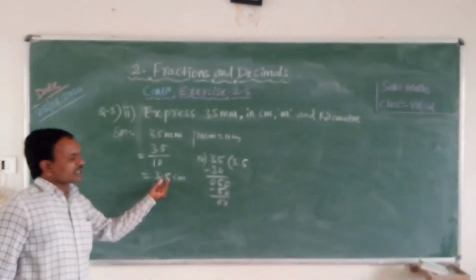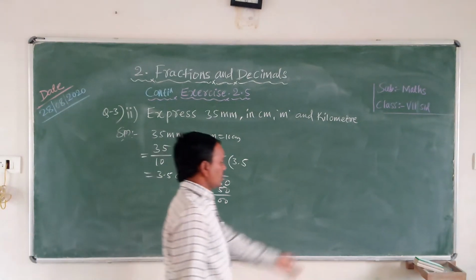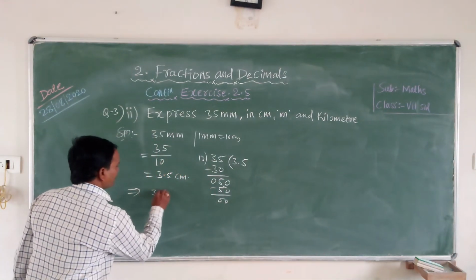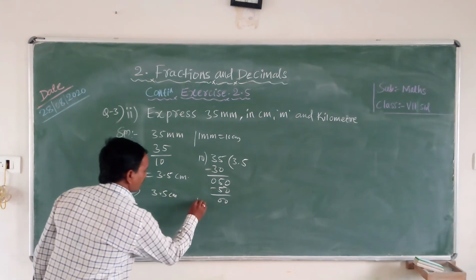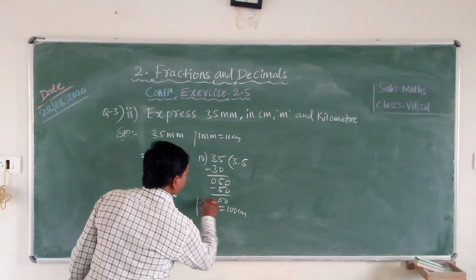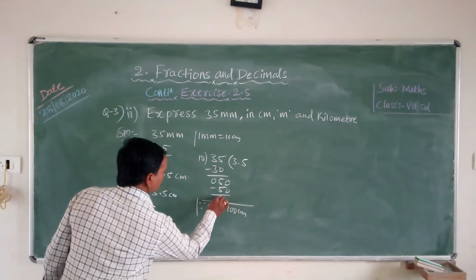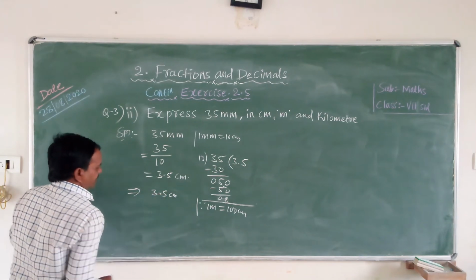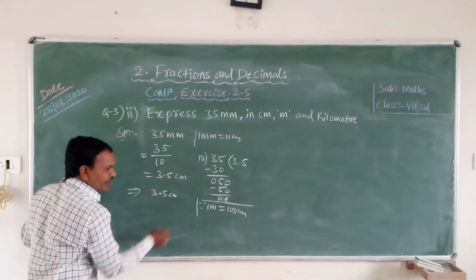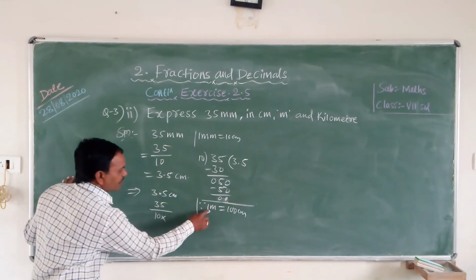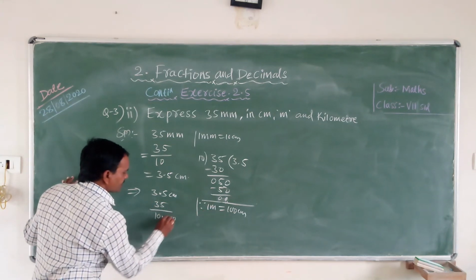Now this centimeter is converted into meter. So see here, 3.5 centimeter is there, because 1 meter is equal to 100 centimeter. So this one 3.5, after the point one digit is there. Means 35 by 10, and 1 meter is equal to 100 centimeter.